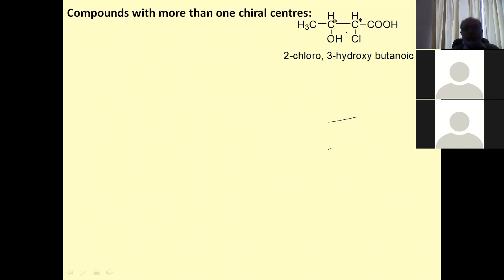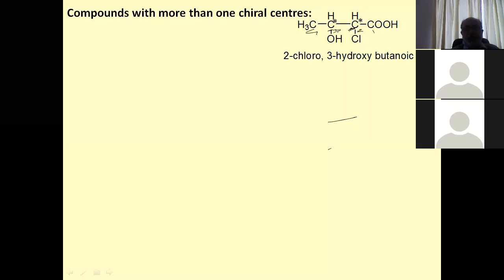The chiral centers are this one and this one. How do we number? This is 1, this is 2, this is 3, this is 4. So carbon numbers 2 and 3 are chiral. So we have to assign configuration for carbon number 2 and carbon number 3.